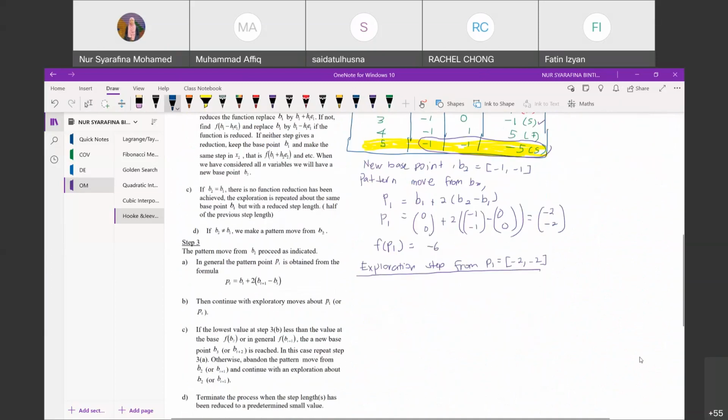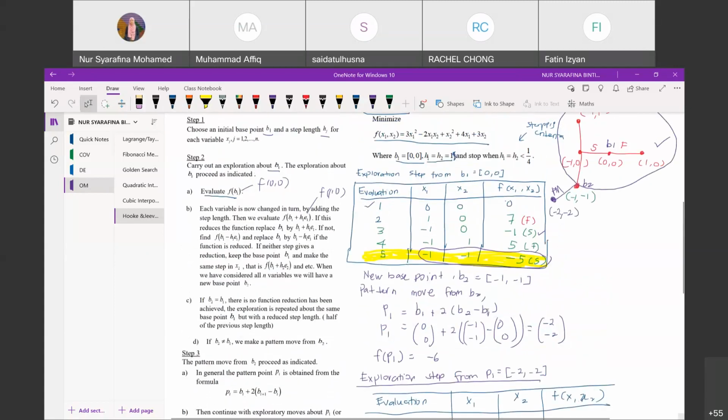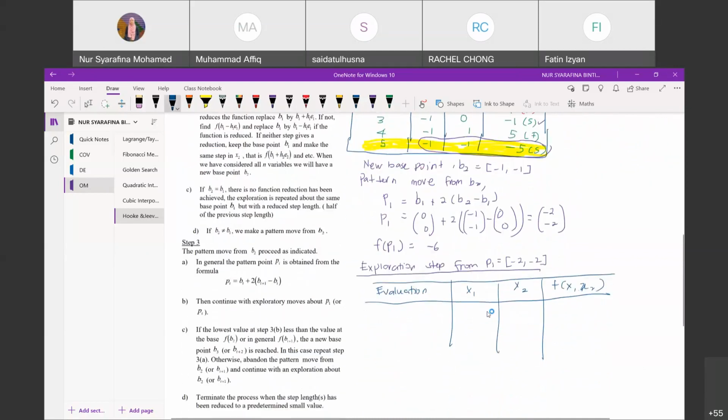So for your next evaluation, again we should use this table to ease our calculation. We stopped our exploration in the previous step at 5, so the next evaluation is 6. Clear now?